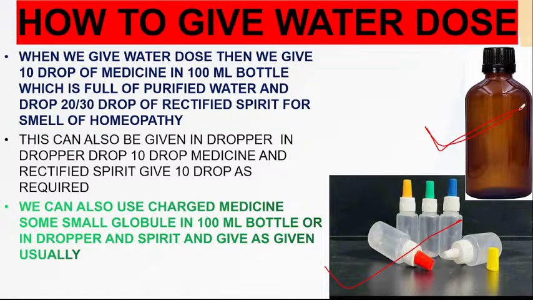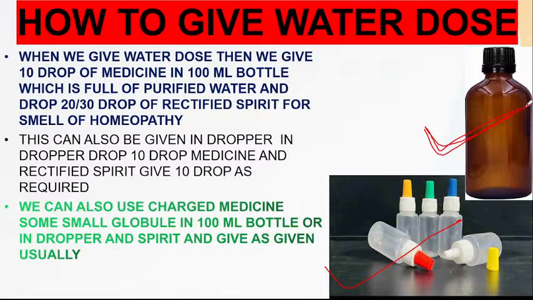Now if we have selected the medicine, any medicine like Phosphorus, and we have also confirmed that the case is acute and we have to give 200 potency in repeated form in the water dose. Now it is clear up to here, but the problem is how we are going to give that water dose potency. So for that preparation we have to take a clean 100 ml glass bottle.